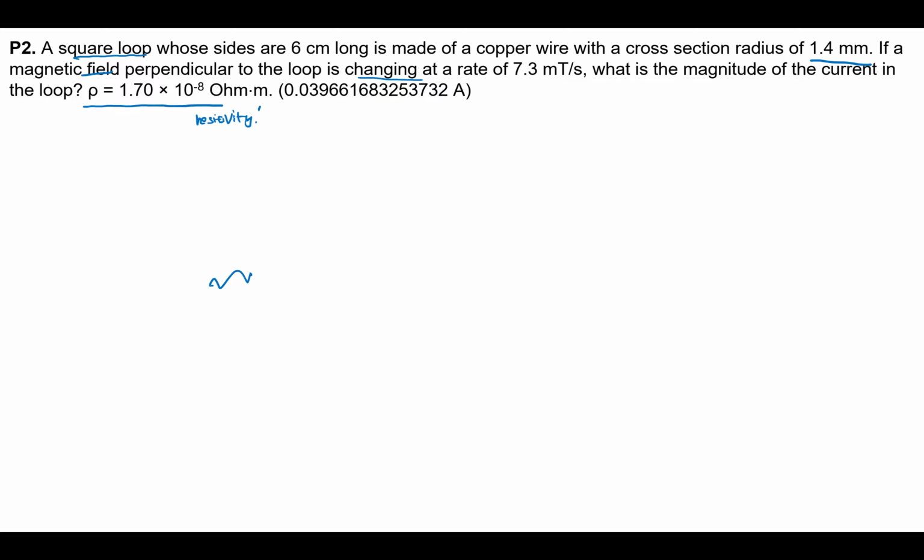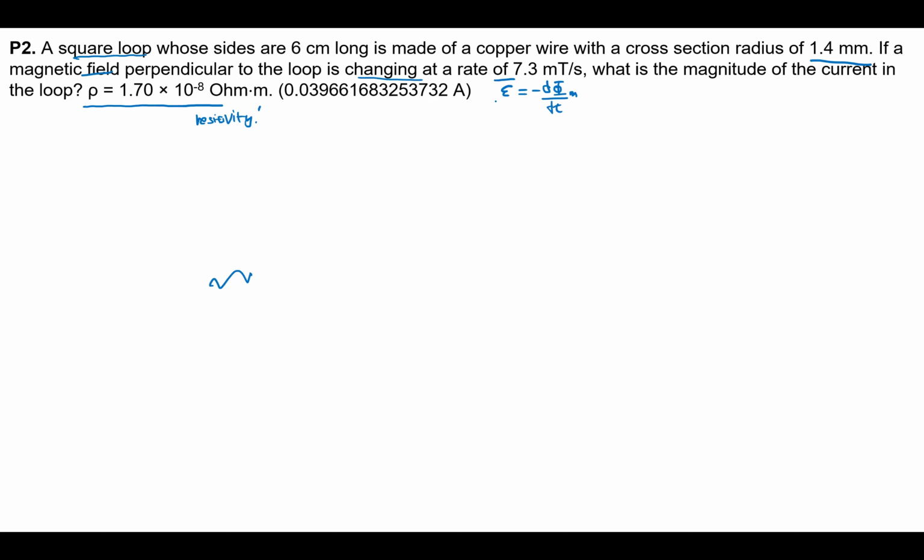So we have a fixed loop, and then the magnetic field is changing, so that it will induce the electromotive force around the loop. And then E is found by minus d phi m over dt.